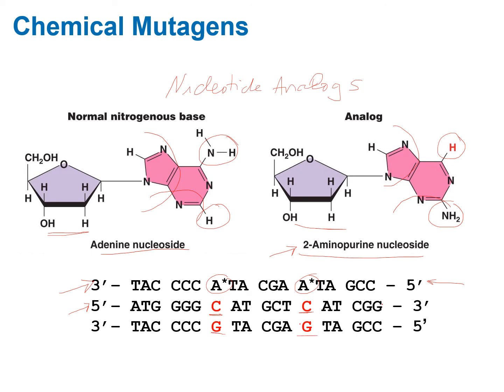So this means that what should be an AT base pair now becomes a CG. And as you saw with the genetic code, changes in one nucleotide can change an amino acid. And changes in amino acid can change the structure of a protein.